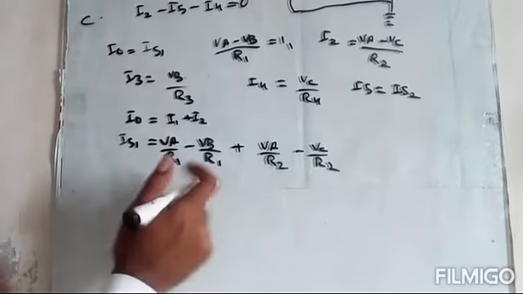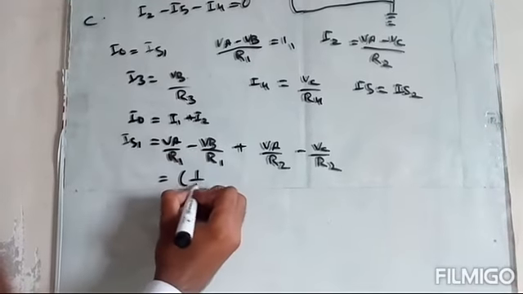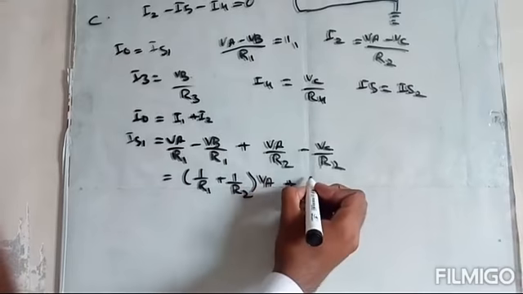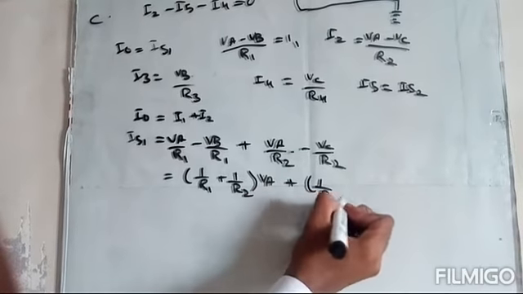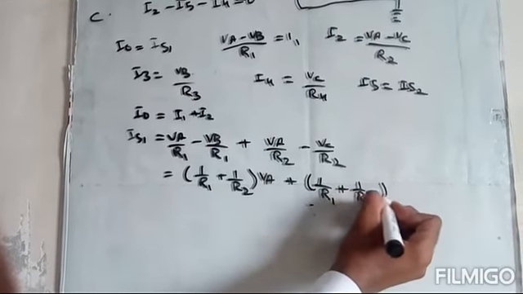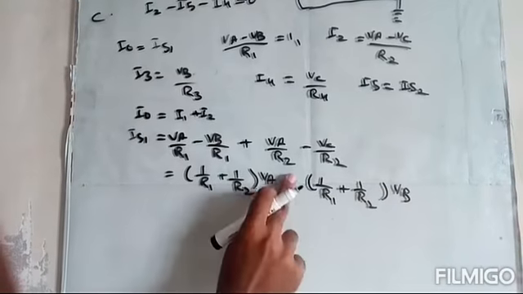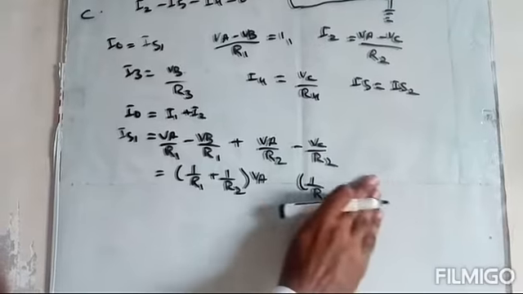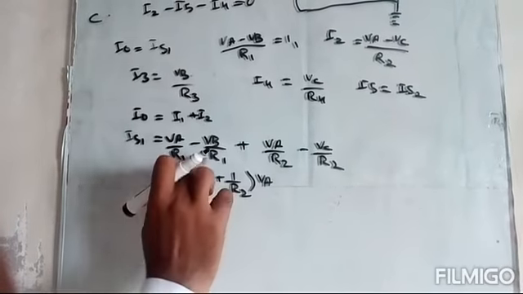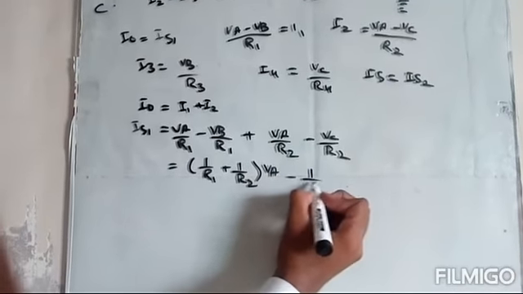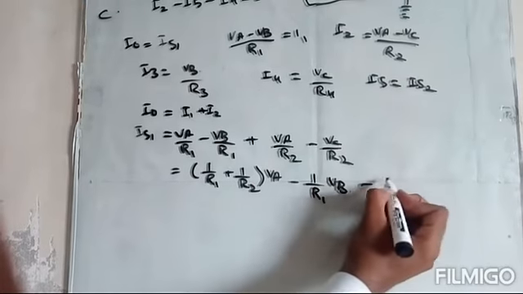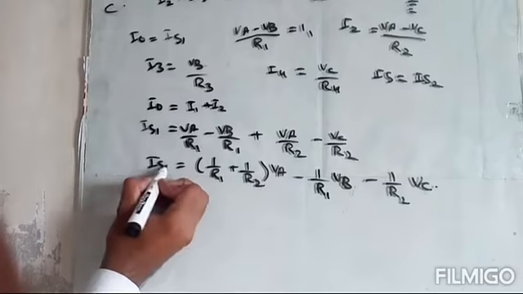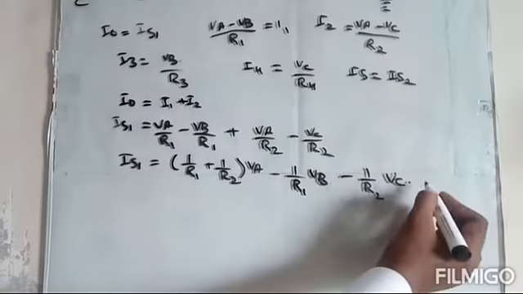If we combine the VA terms, these will become (1 over R1 plus 1 over R2) into VA, minus 1 over R1 into VB, minus 1 over R2 into VC. This is equal to IS1. There was a little mistake in my speaking, but this is the correct form. So this is our first equation.